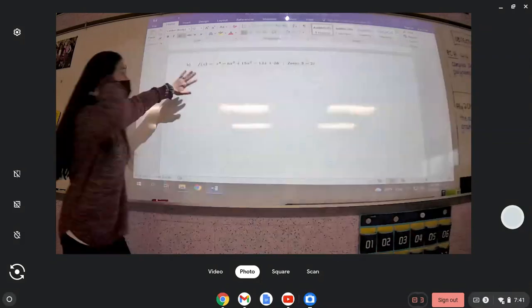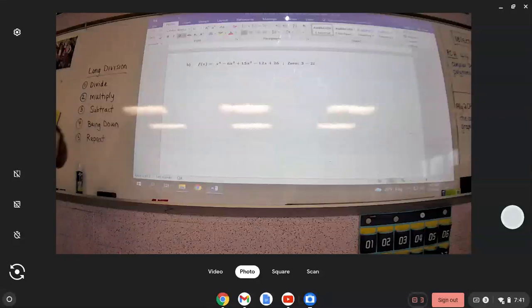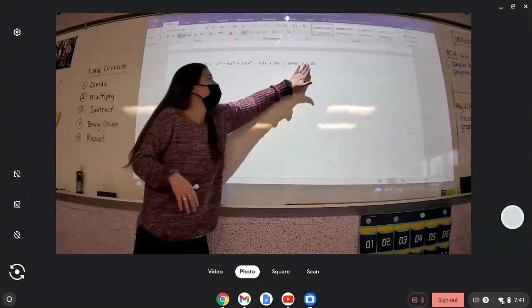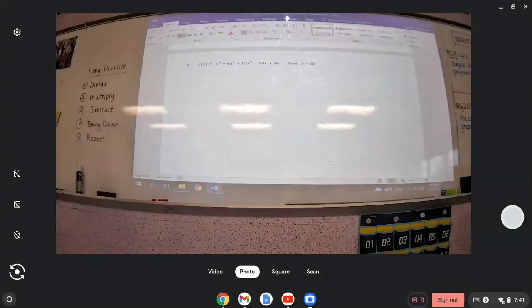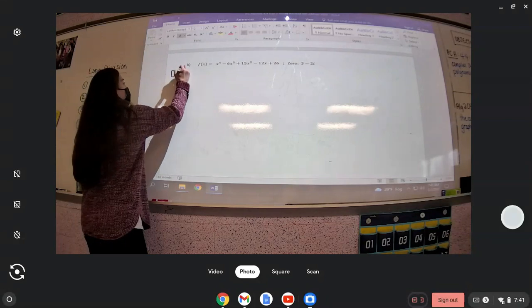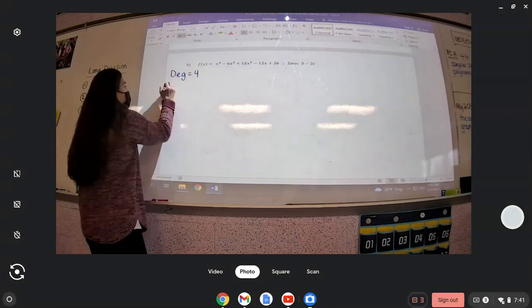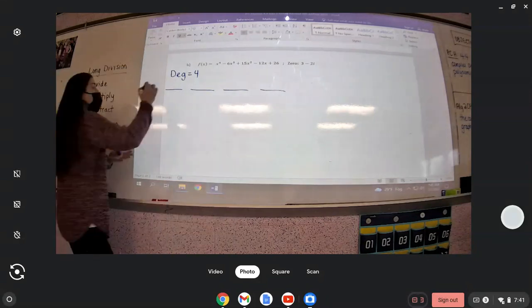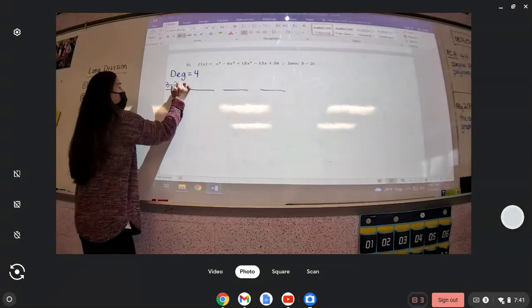All right. So we have another degree 4 polynomial that it does not look like we can factor or solve by hand. They've given us a clue by saying 3 minus 2i is one of its zeros. So if it's a degree 4, we know there are 4 possible zeros. They said one of them is 3 minus 2i.